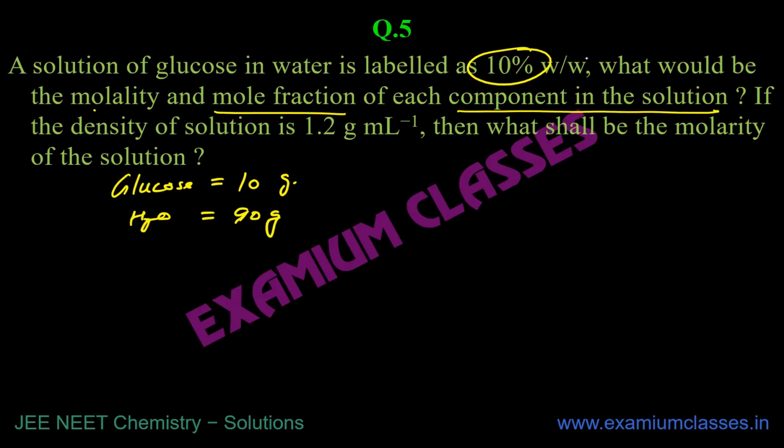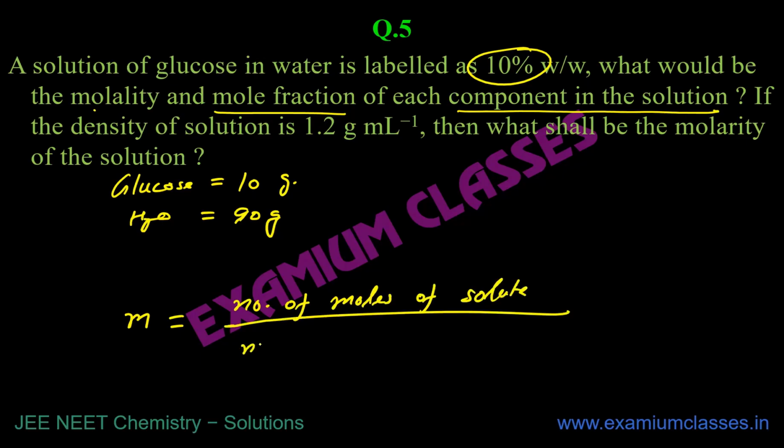Yes, correct. Devyansh, Samad, yes. So if you want to calculate molality, molality is number of moles of solute divided by the mass of solvent only in kilograms. So molality, lowercase m, is number of moles of solute divided by mass of solvent in kilograms. Number of moles of solute will be, I have told you that you need to remember the molar mass of glucose, 180.